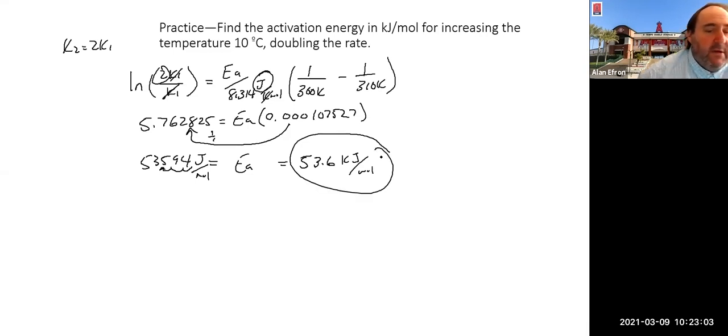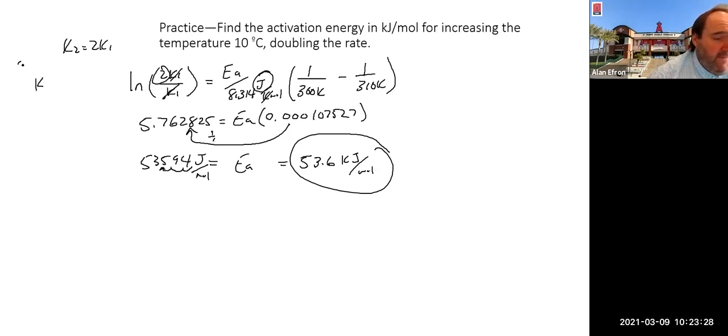Any questions on that calculation there? So this is sometimes referred to as the 2-point version of the Arrhenius equation, the non-graphing version. You basically just need, as you can see here, 2 points. In these couple of examples, we solve for activation energy, but you obviously could solve for a rate constant.